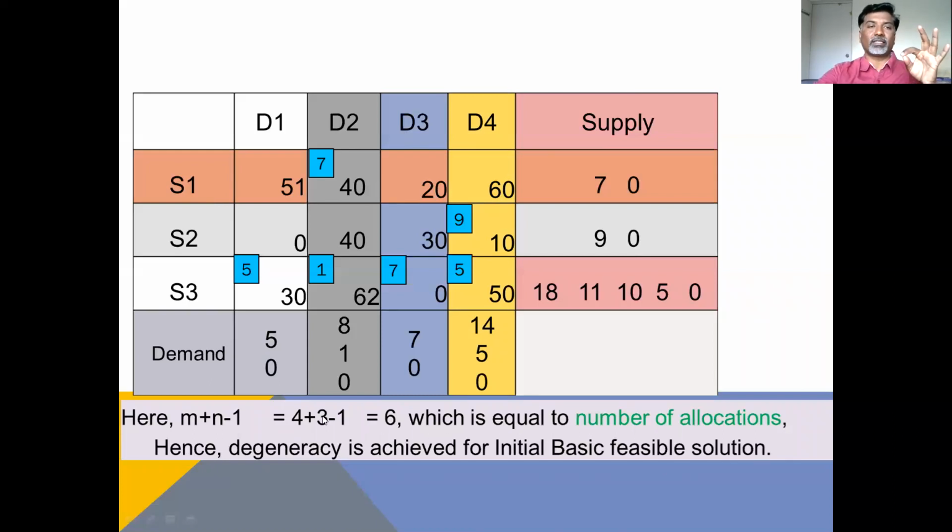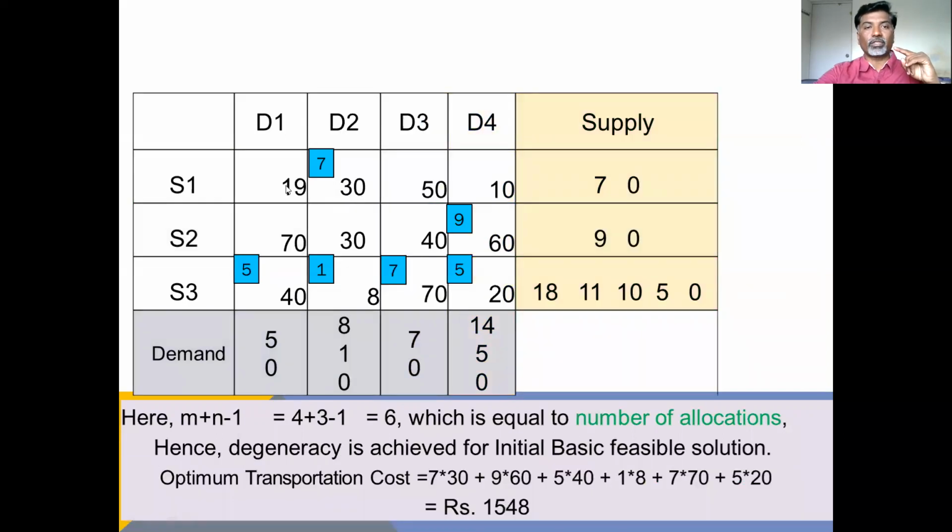Now to calculate the final answer, what do you have to do? We have to take the original cost matrix. This is the converted cost matrix from maximization to minimization. Now we take the original cost values from your example, and when you put those original cost values here, we can easily calculate the total transportation cost.